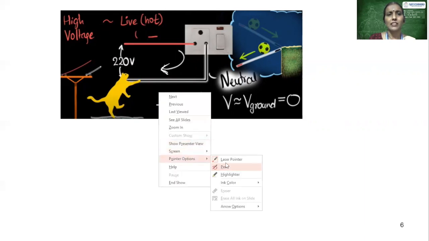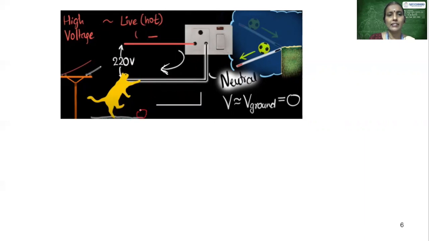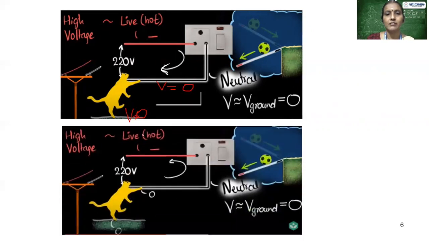Remember, the cat is at ground potential, whereas this neutral wire is also at ground potential. So the potential difference between these two is going to be 0. Will the cat experience any shock here? The answer is no. Why? Because the potential difference between the ground point and the neutral point is 0. Hence the cat will not experience a shock.